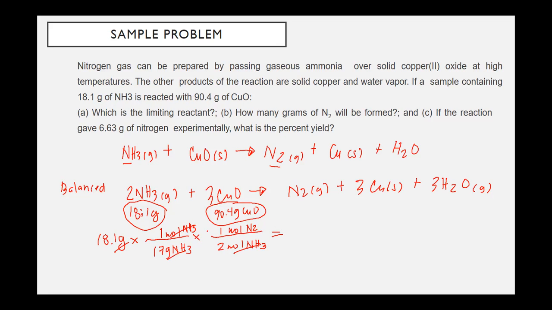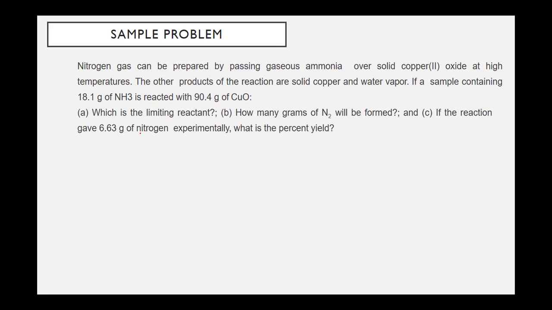So, 18.1 divided by 17 times 2. So, we'll have 0.532 moles N2. Isusulat ko lang, meron tayong na-compute na 0.533 moles N2 in 18.1 grams NH3.